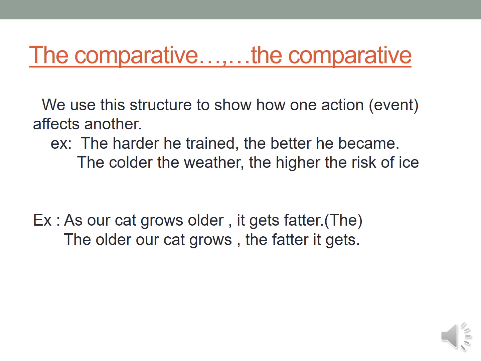So we're going to say the older, the fatter. The comparative. The older our cat grows, what happens as a result? The fatter it gets. So we use this form to say that one thing affects another.